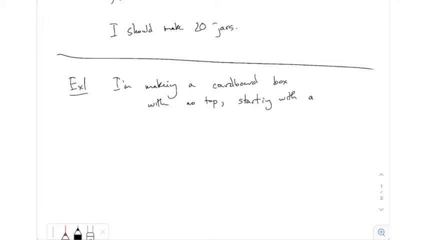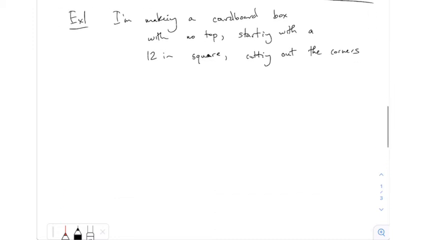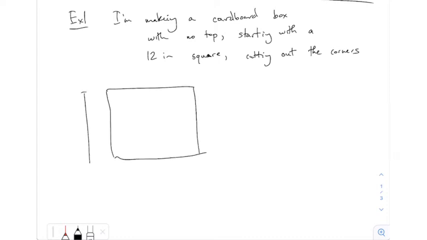And I'm going to say a 12-inch square, starting with a 12-inch square and then cutting out the corners. I'll draw a picture here in a moment so you can tell what I'm talking about. So the idea is I have a big square, and before I cut it, it's 12 inches on each side.